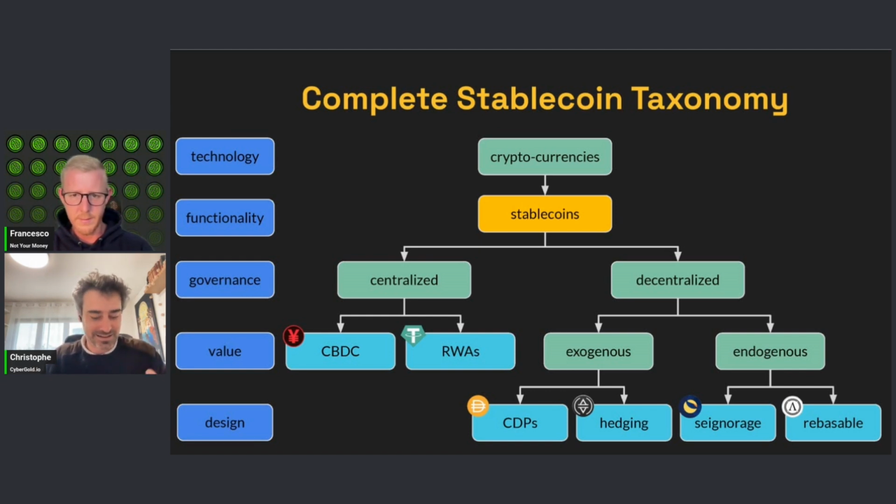And the last criteria is their mechanism, in fact, the technical design. Here you can see, especially in the decentralized field, that there is a variety of design, but there are mainly four designs: those based on CDPs, those based on hedging, seigniorage, and rebasable.